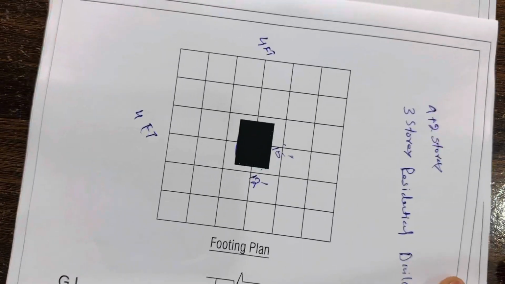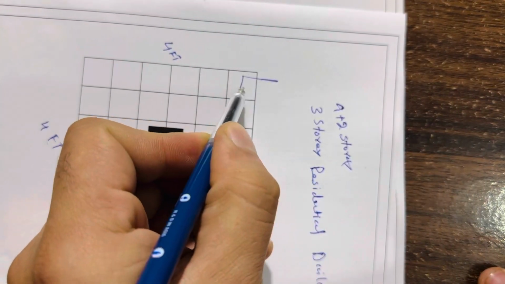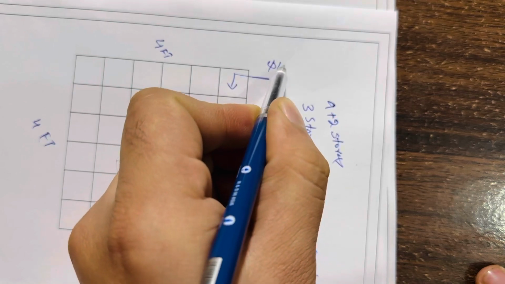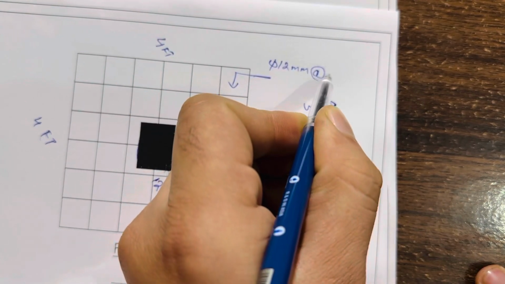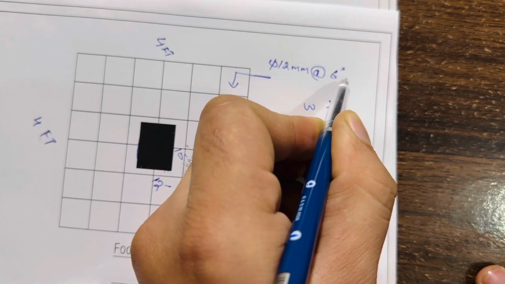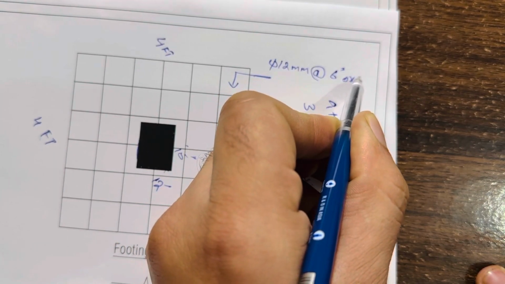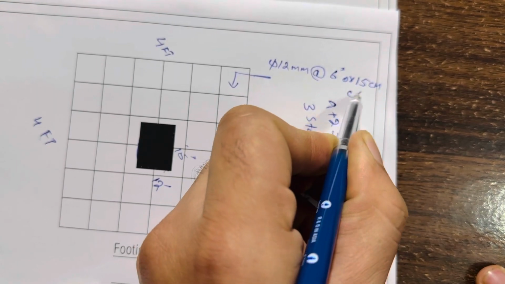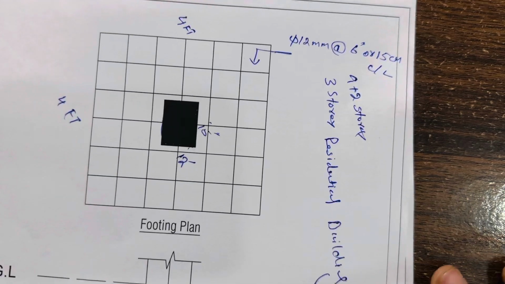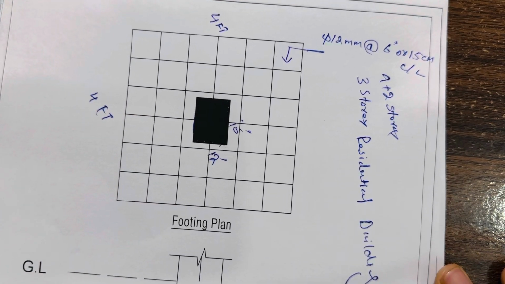Next, you can see its steel reinforcement. We used 12 millimeter diameter steel rod with a spacing of 6 inches, or 15 centimeters center to center. This is the spacing of main bars and distribution bars.